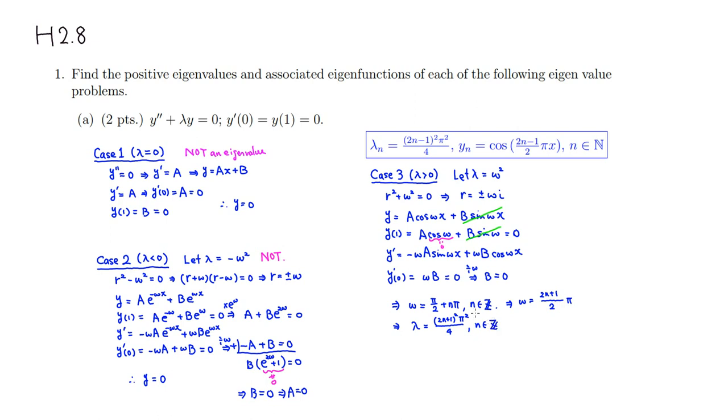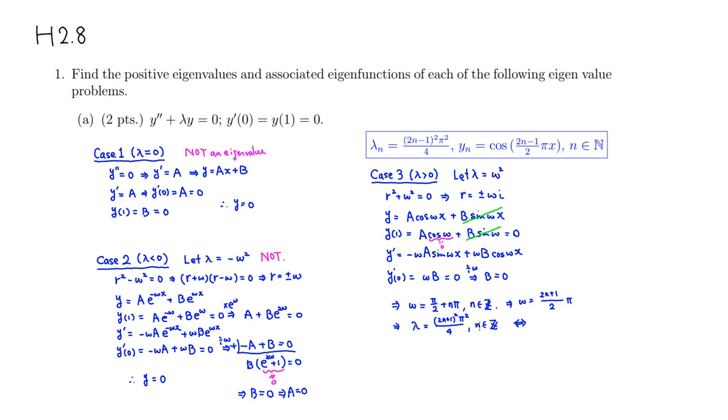This is equivalent to saying this, which looks a little bit different. You can leave it like that, or here I decided to write it this way. For example, when n is negative 1 or negative 2, this quantity is going to be negative, but it's going to get squared anyway, so you're going to start getting the same value.